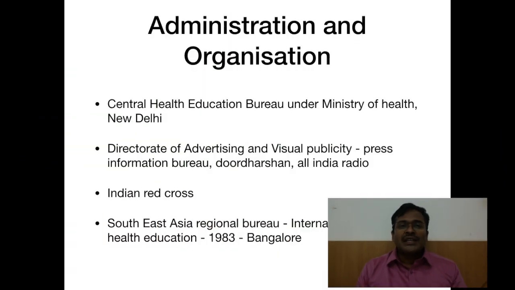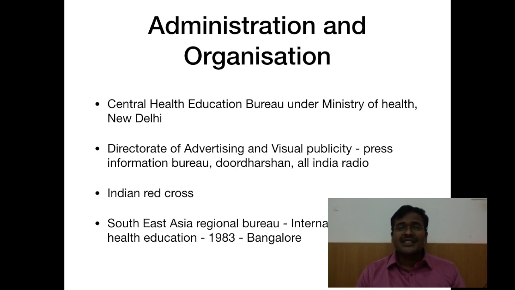So lastly, we will discuss the administration and organization for health education in our country. In our country, the Central Health Education Bureau under the Ministry of Health is taking care of health communication. Similarly, there are various agencies like Press Information Bureau, Doordarshan, All India Radio.